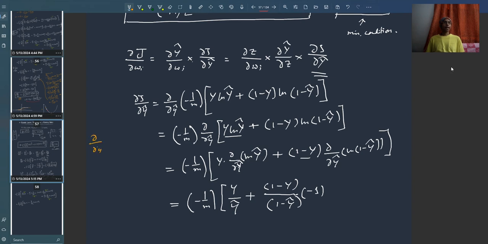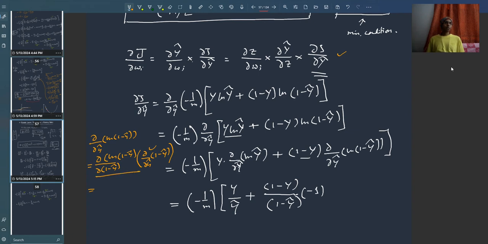Del y hat of natural log of 1 minus y hat, like we have decomposed things here, is equal to del 1 minus y hat of natural log of 1 minus y hat multiplied by del y hat of 1 minus y hat. This is how this del 1 minus y hat and this del 1 minus y hat cancel out basically. That's how the decomposition happens.